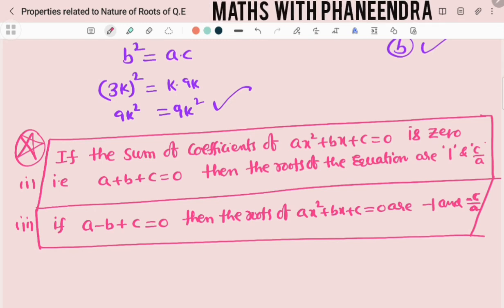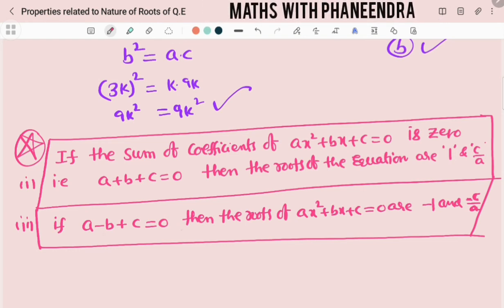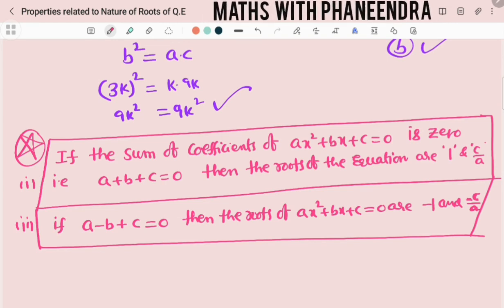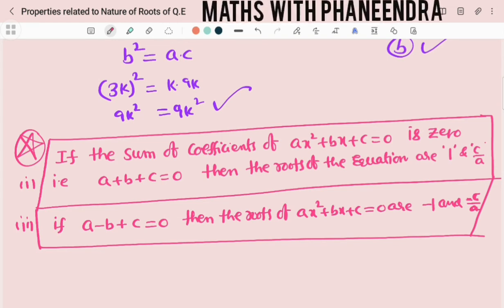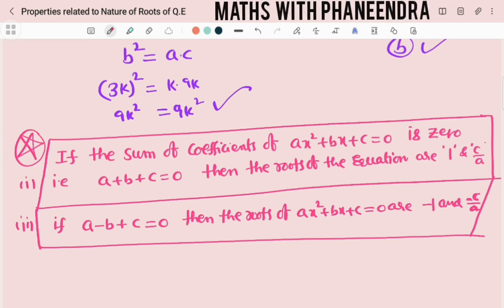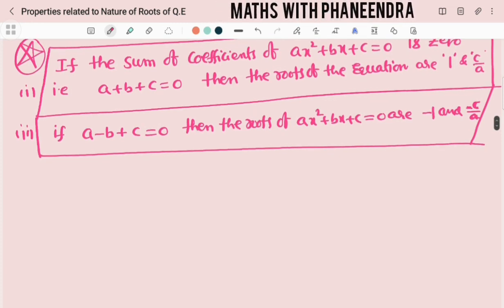That means if a plus b plus c is equal to 0, the roots are 1 comma c by a. If a minus b plus c equal to 0, then the roots are minus 1 and minus c by a. You remember, dear students, this is an important case. I will give one example based on this. With a short trick we will go.